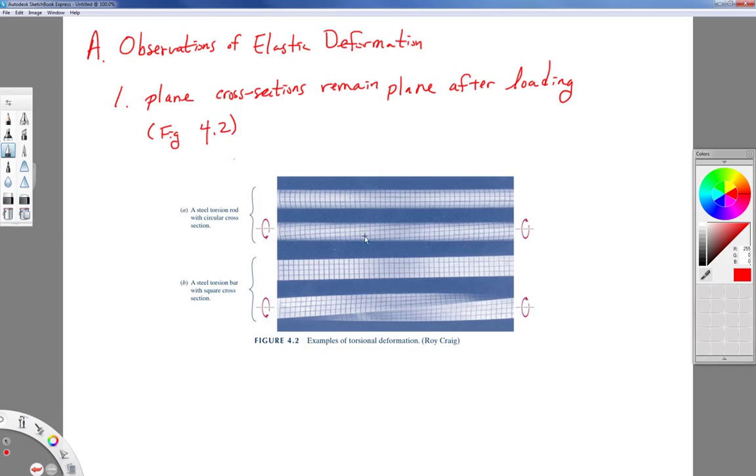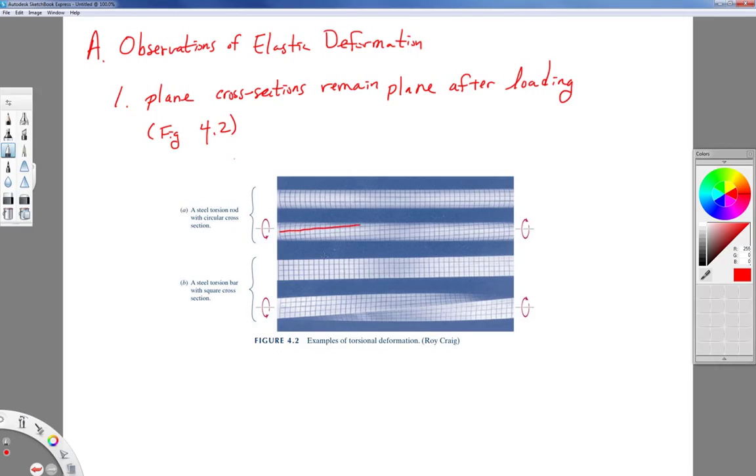And the next picture is the same cross section bar, but with a torque applied to it. You can see these lines, they kind of curve. They form kind of a helical pattern as they go from one end to the other.